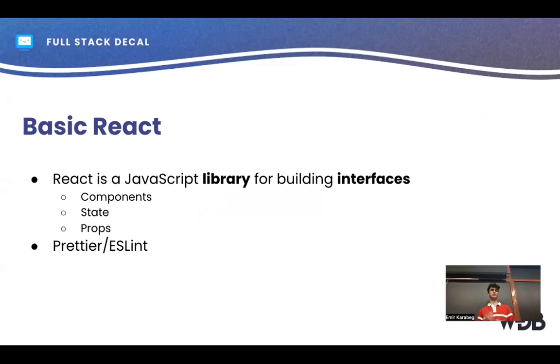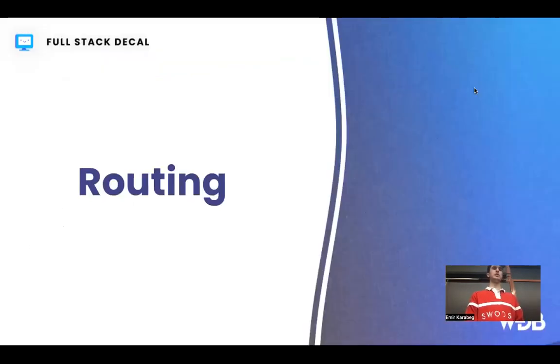We talked about components, state, and props, which are all very useful things that come with the React library and allow us to build websites very quickly and seamlessly. We also talked about some useful tools like Prettier and ESLint that help our code be more readable overall and consistent whenever we're working on a project or sharing our project with others. So we figured out React is pretty cool.